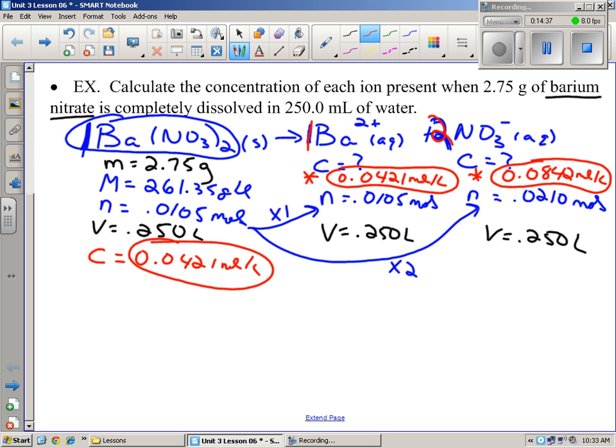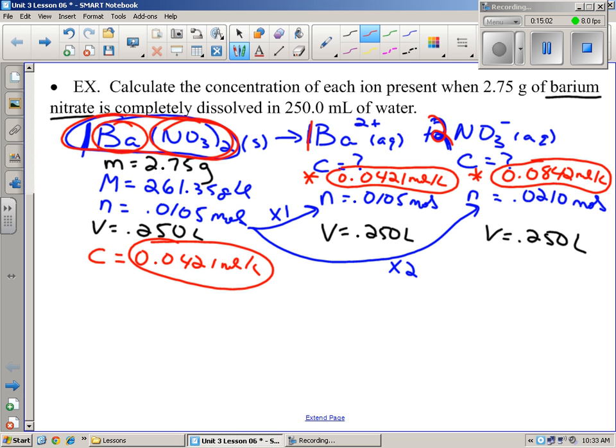What is changing is the amount for each one of these ions. Look, to make this one compound, you need 1 barium, but 2 of those, right? So for every 1 compound, you have twice the amount for the nitrates, twice the number of nitrates.